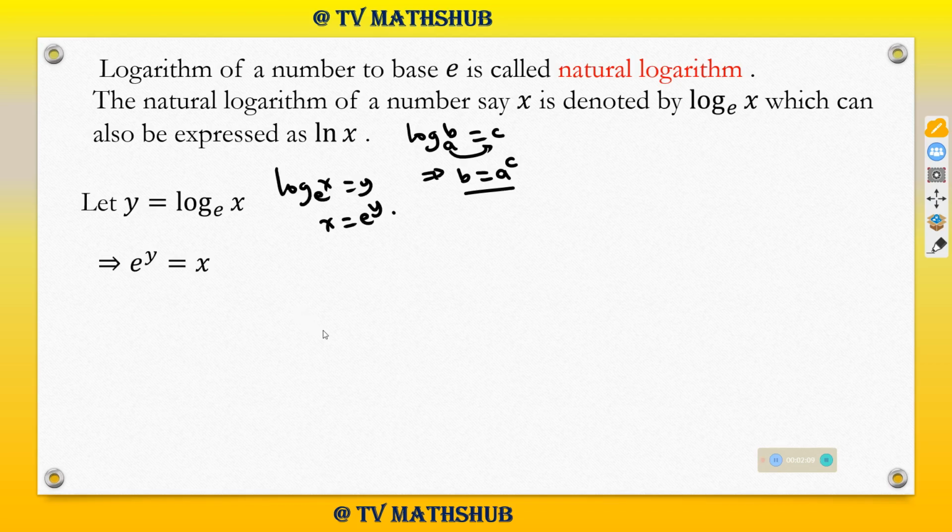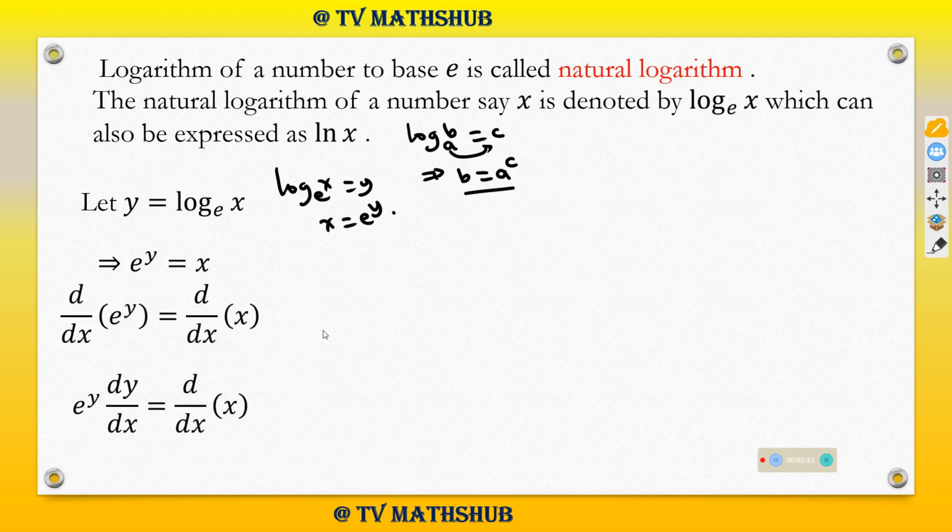And for that case, if we differentiate on both sides with respect to x, then we shall be able to get this expression. And from there, we can see that this expression can be differentiated.